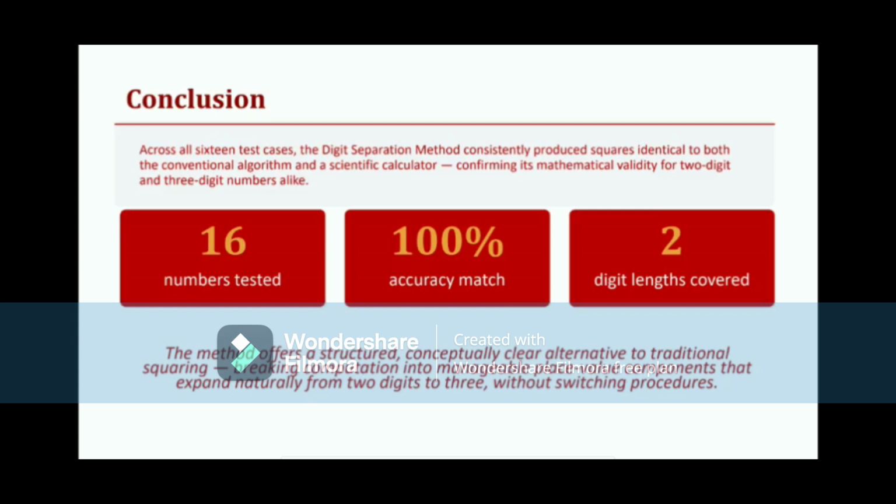This exact alignment confirms the validity of the method in a mathematical sense as a reliable alternative approach. Also, it demonstrates its core logic that scales predictably into 3-digit territory. The outcomes confirm that the study met the primary objectives.